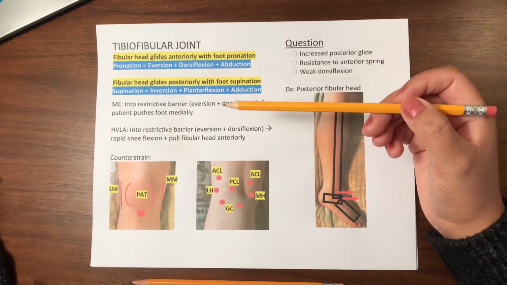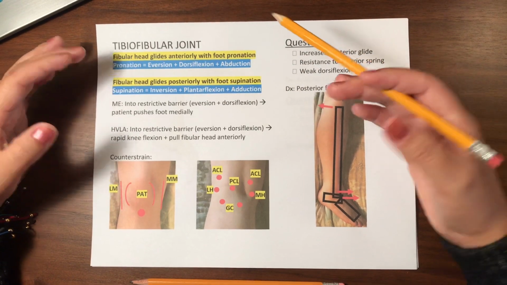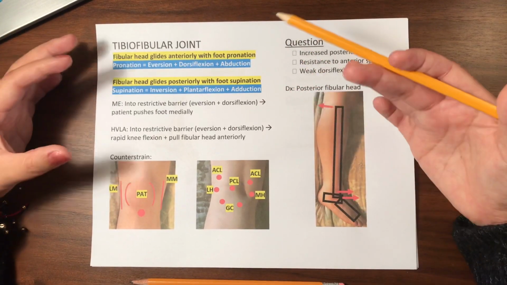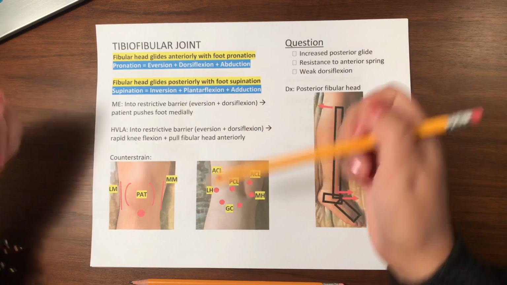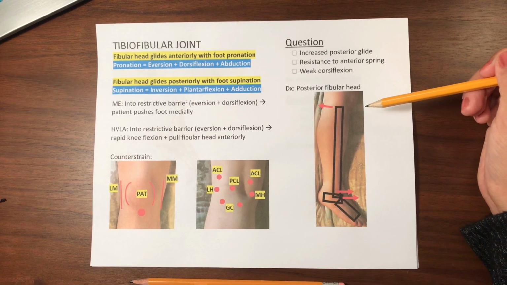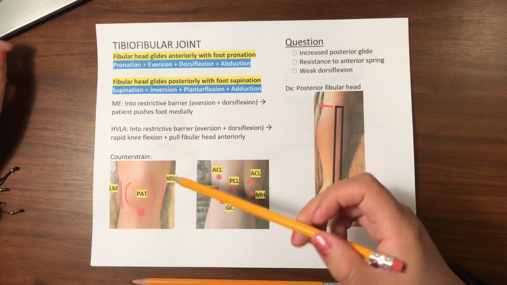With muscle energy, once we place them into the barrier, we're going to have that patient push their foot immediately back to neutral position. With HVLA, once they're in the barrier, take that knee through a rapid flexion and then pull that fibular head anteriorly.